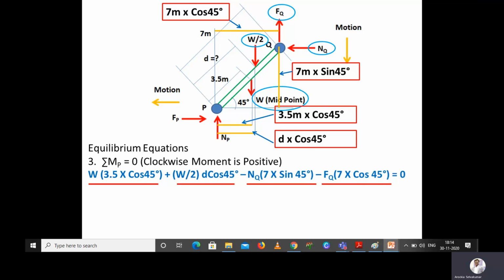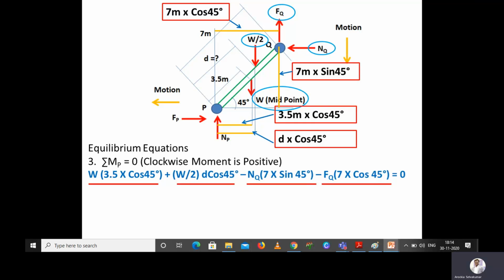If you are resisting the motion at point P, that is the horizontal and vertical movement, and you are allowing the ladder to rotate, then when you apply forces W and W by 2, these two forces will make the ladder rotate in the clockwise direction. So it is positive.